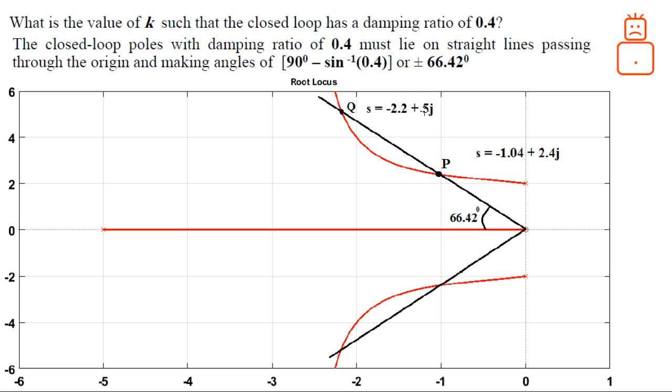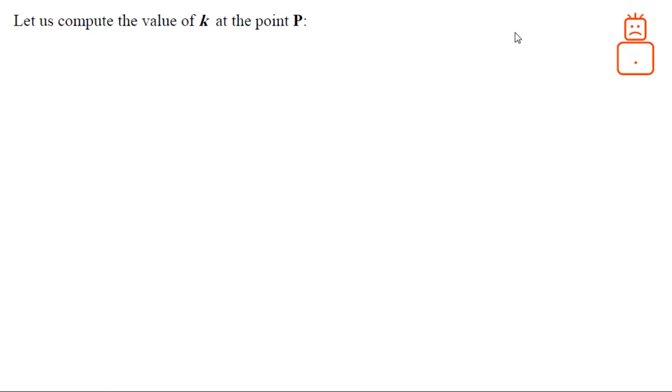So we are going to take these two values and introduce them in our characteristic equation, whether it's the original characteristic equation or the characteristic equation we drew this root locus for, it doesn't matter, and find out what are the values of k that give 0.4 as a damping ratio.